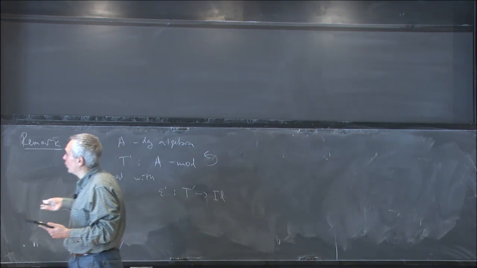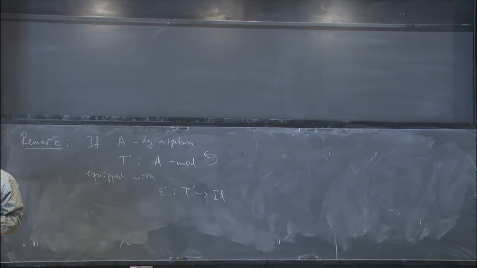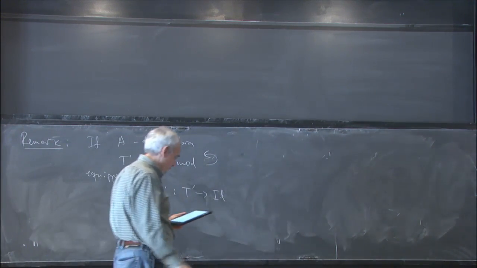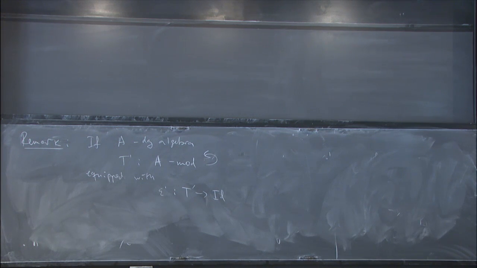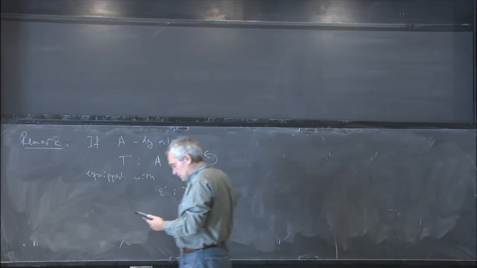Yeah, these primes are annoying because usually you write the monad, and this is the dual guy. So the monad is called T, and this is the dual guy.